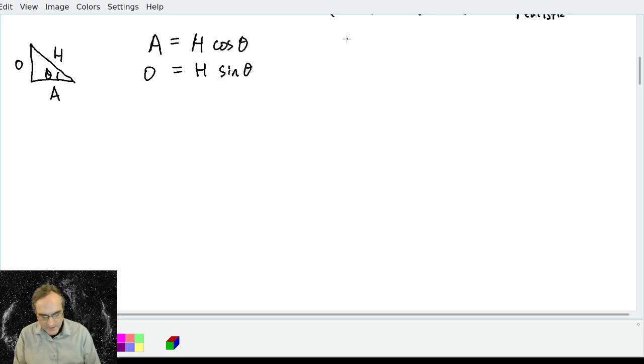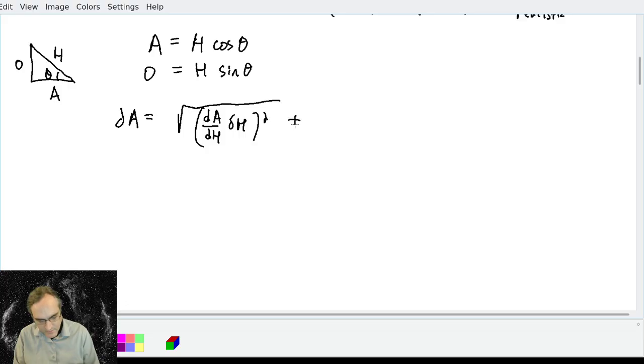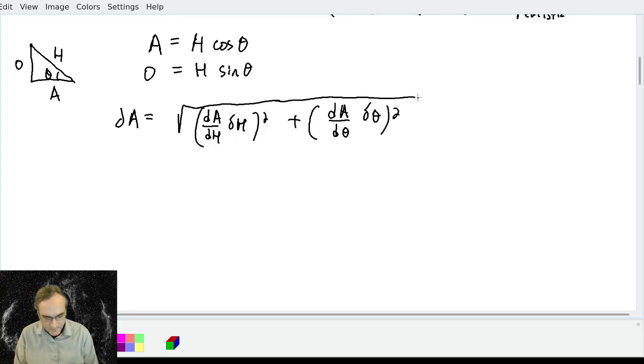Alright, if we wanted the uncertainty in A, it's going to look like the square root of dA dH with the uncertainty in H squared plus dA d theta with the uncertainty in theta, whole thing squared, take the square root. Alright, if we actually perform those derivatives, if you take the derivative with respect to H, the H just goes away.